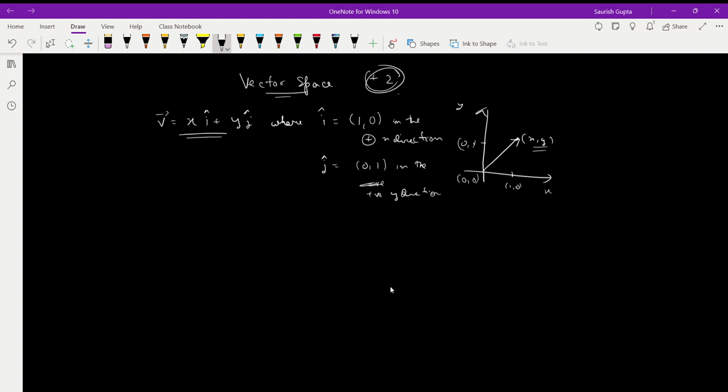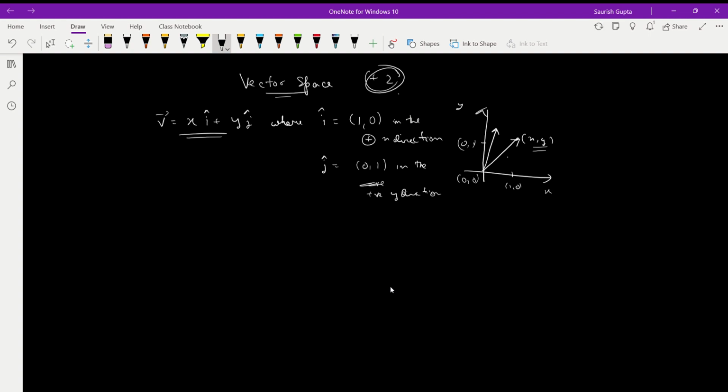And if I consider the mathematical properties related to a vector, we know that there are pretty well-defined addition and scalar multiplication operations on vectors. That is, we can add two vectors, right?